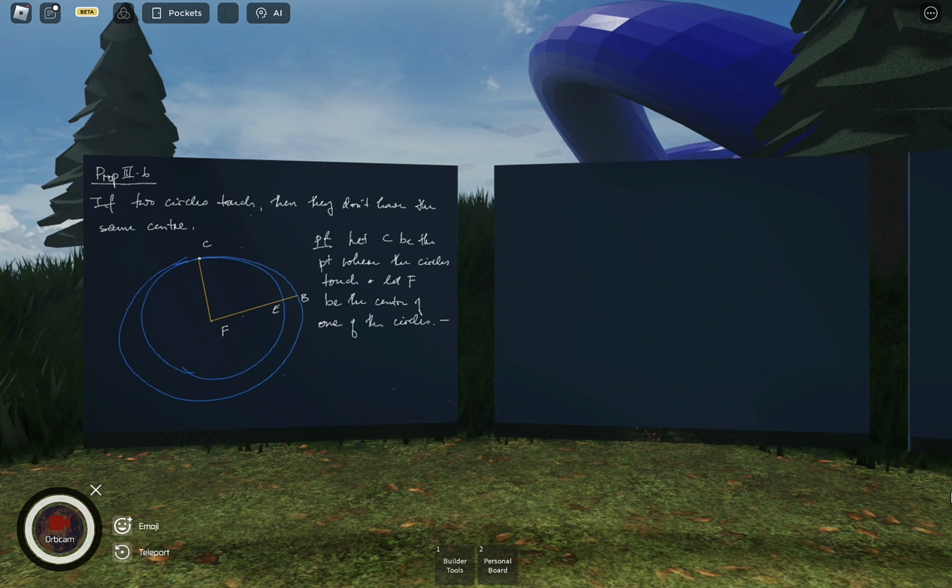One of them, it doesn't matter which one. We can do this by Proposition 3.1, which allows us to find the center of any given circle. And we're going to assume that F is also the center of the other circle. That's the assumption. I'm going to contradict this assumption, and then we've got our proof.